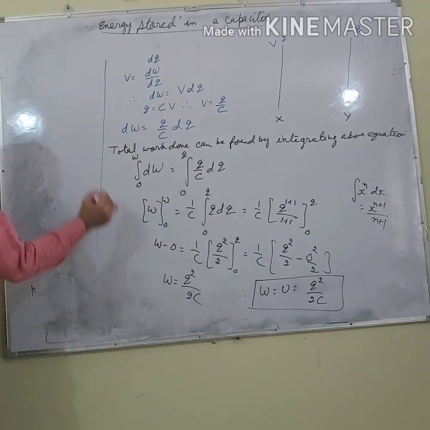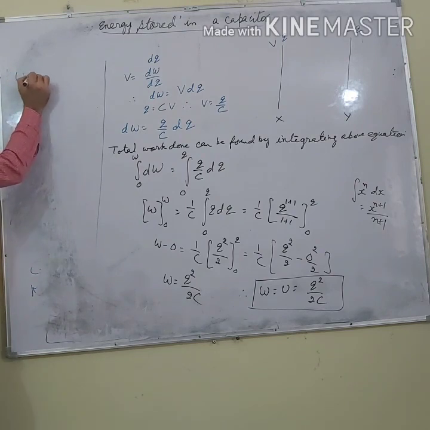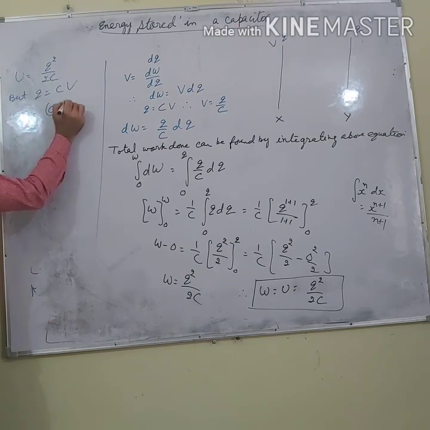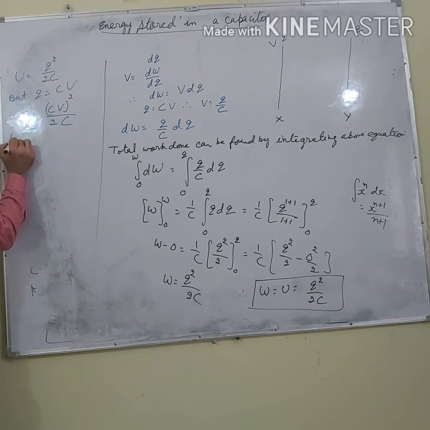Further, as U, the potential energy, equals Q square by 2C, but Q equals CV, therefore U equals, in place of Q I will write CV, so (CV) square by 2C. So U equals half CV square. This is another expression.